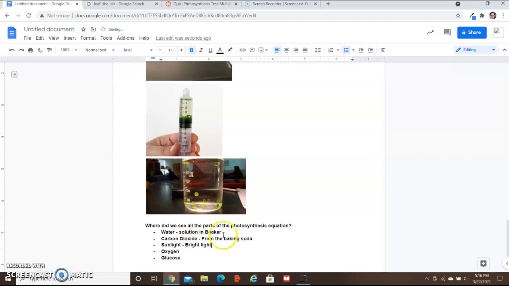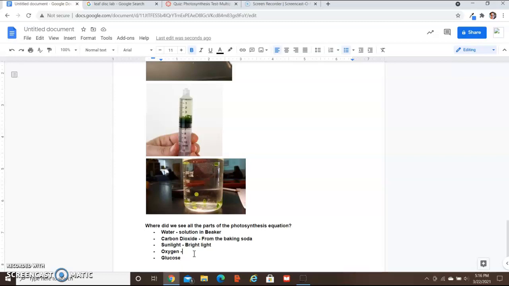So we have all of the things that we need for photosynthesis to happen for those little leaves. And then how do we prove that it really happened? Well, we see evidence. There's little bubbles showing up on the top of the leaves. Those little bubbles are oxygen being released from the plant because it is photosynthesizing. It's taking the water, the carbon dioxide, and using the energy from the sunlight to break apart the water and carbon dioxide atoms, rearrange them, and create oxygen.